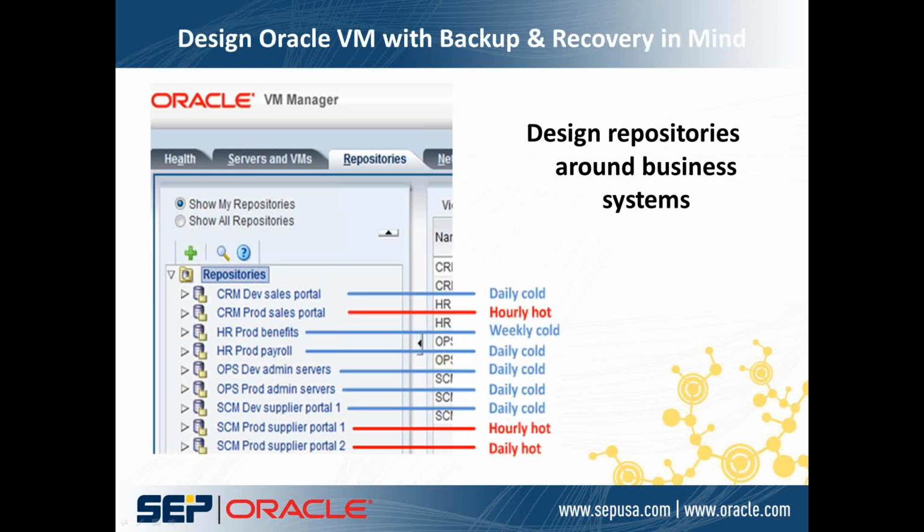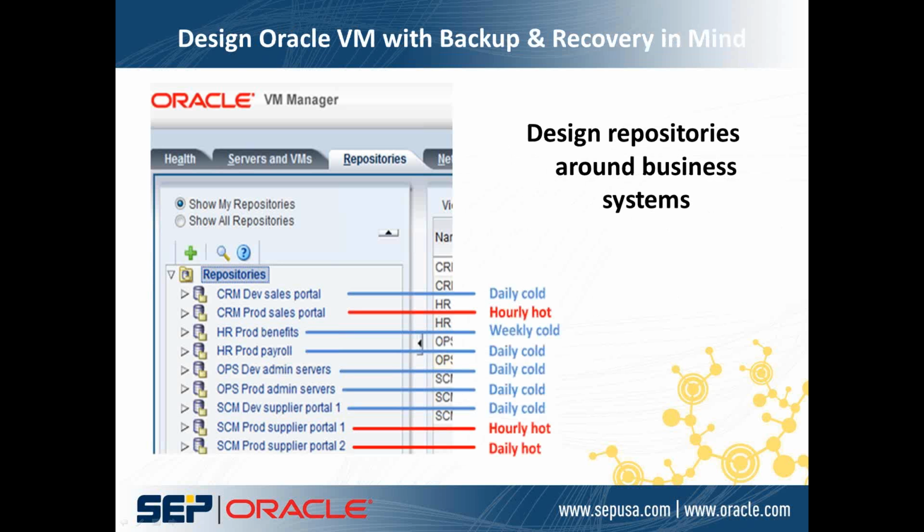For instance, for CRM development, they can do a daily cold backup. So you would want to have a repository just for the CRM development sales portal. Right, and then right under that is the CRM prod sales portal. Now that has an hourly requirement, and it needs to be hot, not cold.